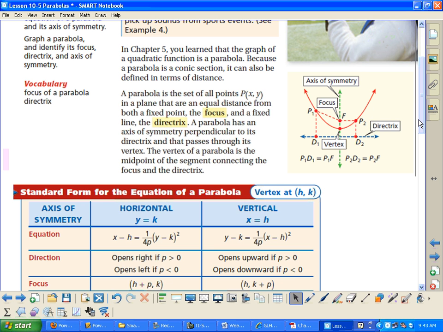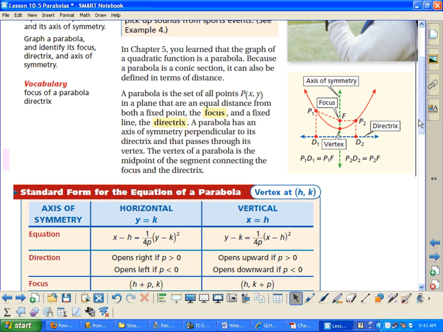So we all know what parabolas look like, right? We've done a lot of that over the last couple years. The focus is always on the inside of the parabola, just like it was on the inside of the graph for the ellipse and the hyperbolas. The directrix is a line on the outside of the parabola, and the directrix and the focus are the same distance from the vertex.